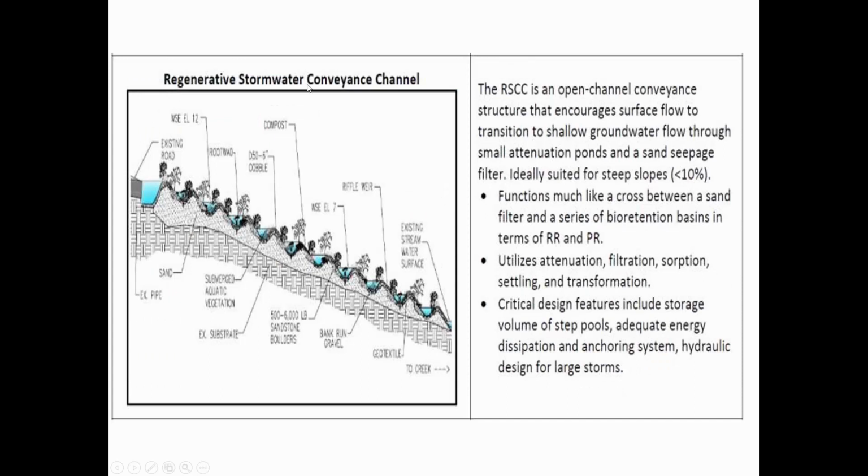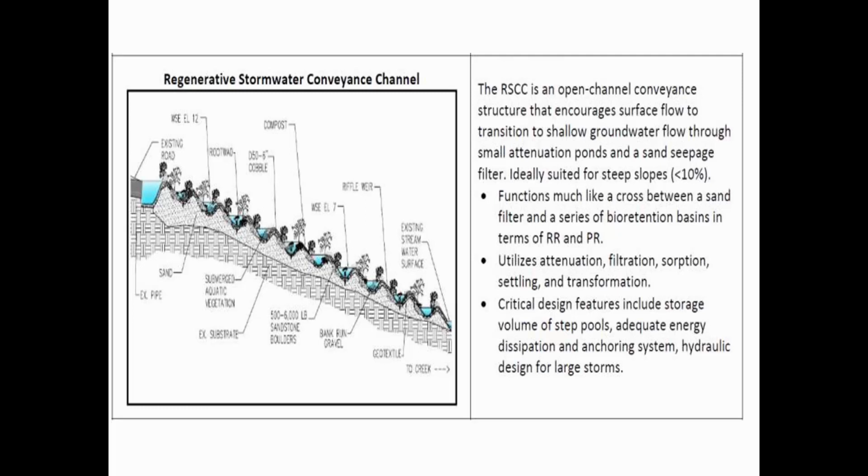Regenerative stormwater conveyance channel. Instead of having a straight line that the water just flows downhill, by having a series of pools, what happens during a storm is if these pools were dry to begin with, the first pool has to fill and overflow to the second pool before any of the water makes it downstream.